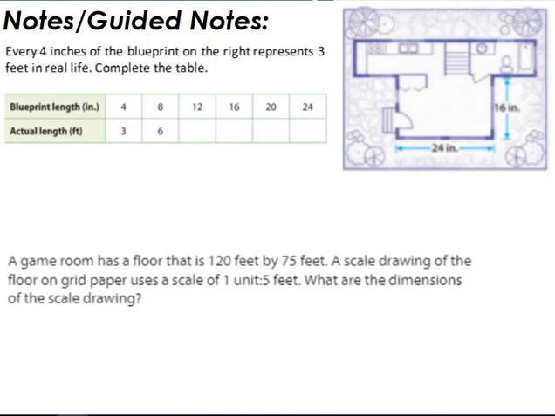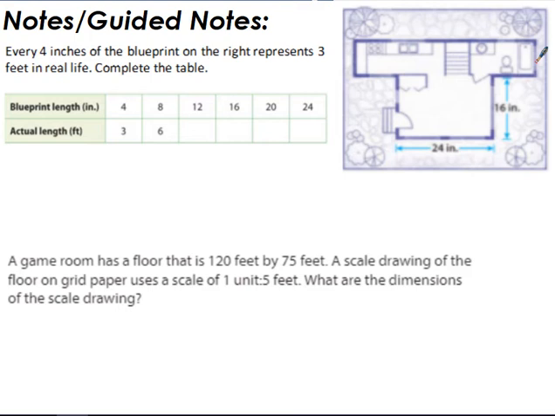So here we have a scale drawing. On the top right of the screen here we have a scale drawing. It looks like a bedroom, so it's a blueprint of a bedroom. Let's just say it's a room in the downstairs of a house.